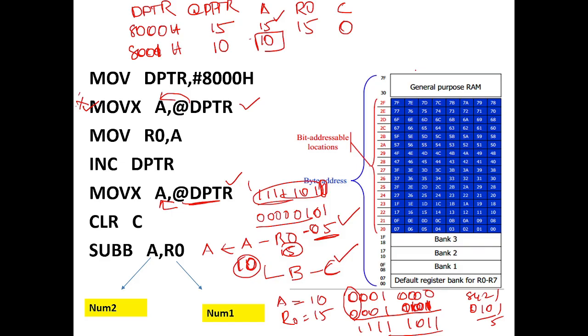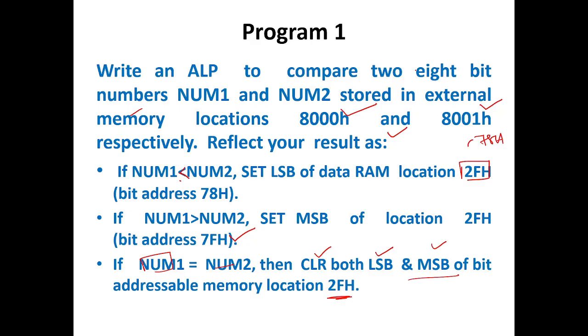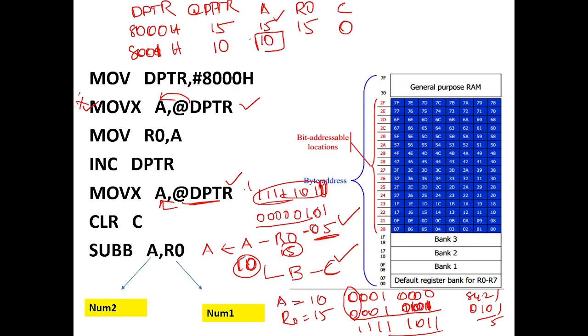See, what is the condition here? 7F. That means MSB, right? Sorry, number 1, if it is greater than number 2. Okay, what is the number 1 you consider here? Number 1 is R0. What is the R0 value? 15.